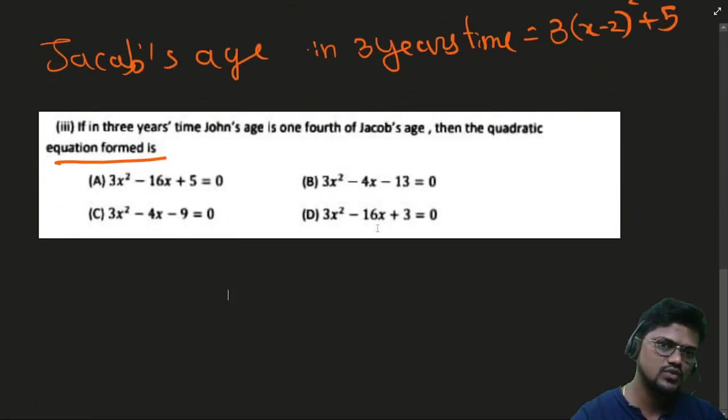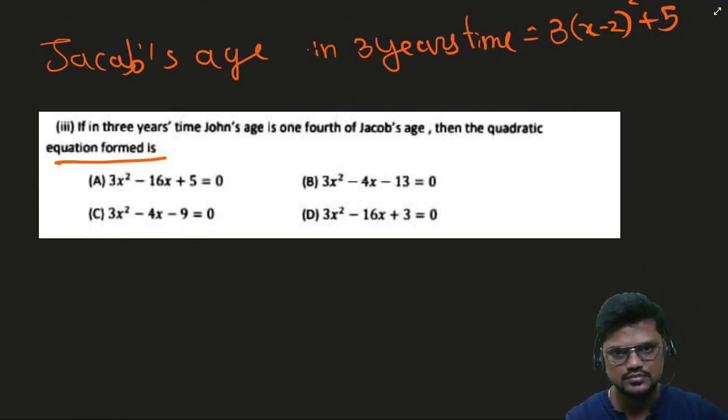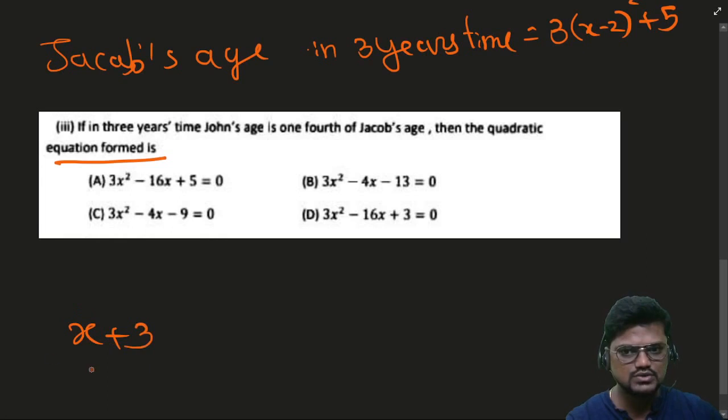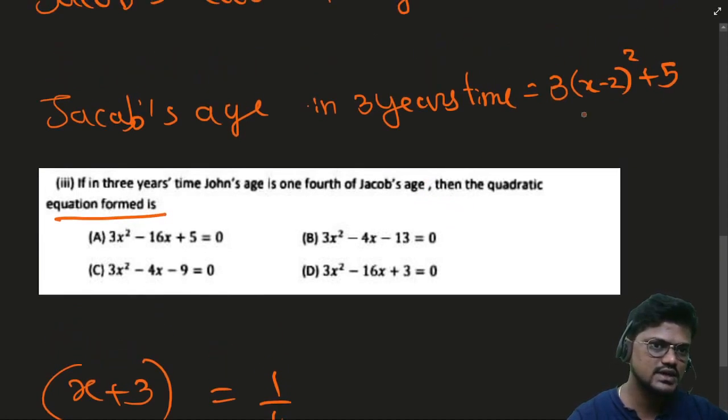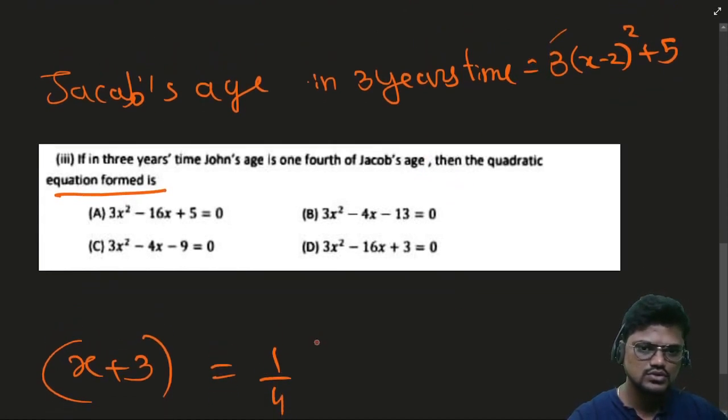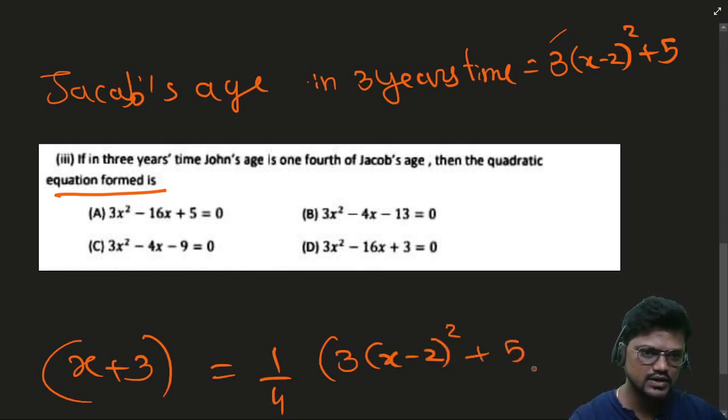So in 3 years time, what will be his age? x plus 3. John's age is 1/4 of Jacob's age, so 1/4 of 3 into x minus 2 whole square plus 5.